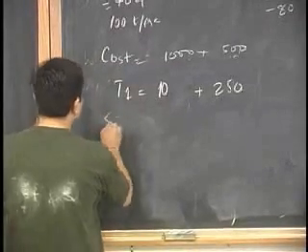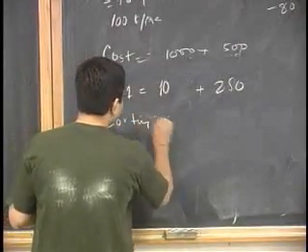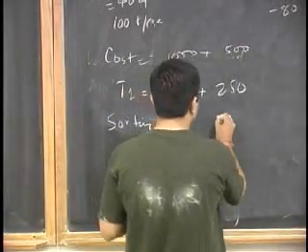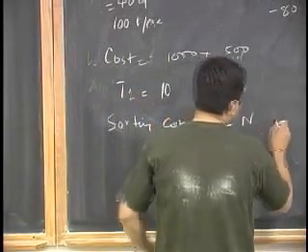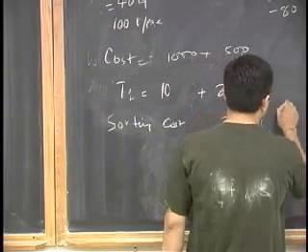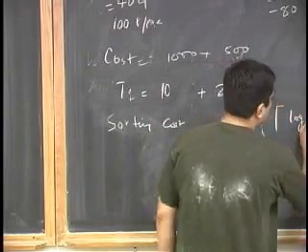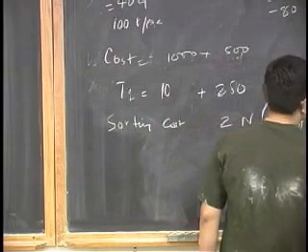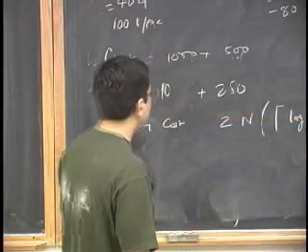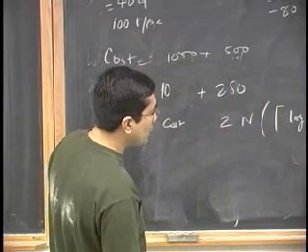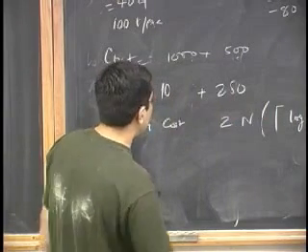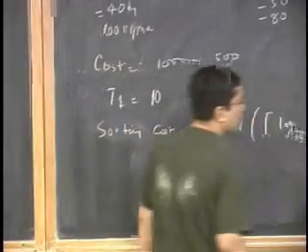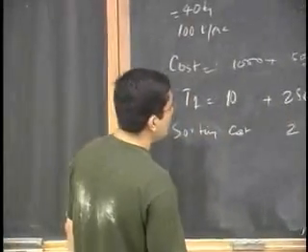Okay, so now we have the sorting cost. Then again we'll have that 2 times N. How many buffer pages do we have? 5 buffer pages.